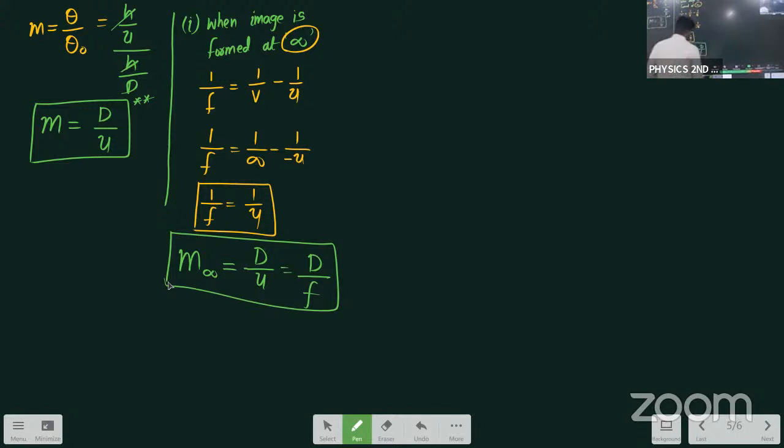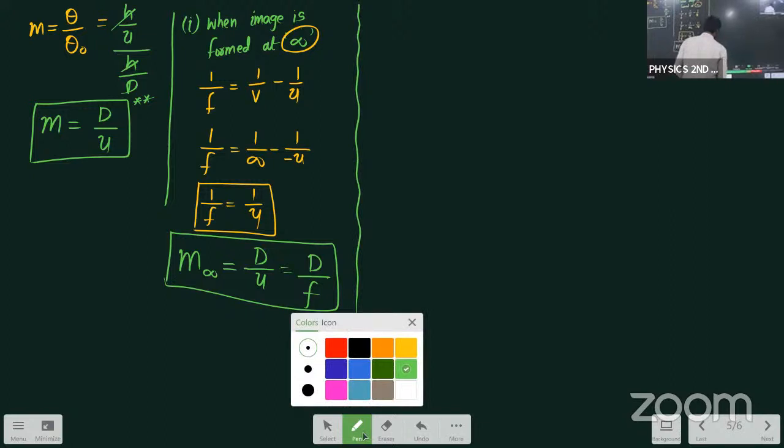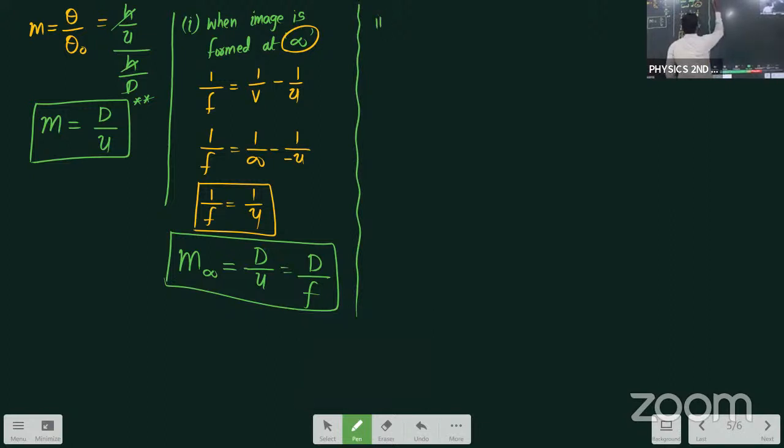Here, similarly, what is the next condition? Second one, when the image is formed at near point.